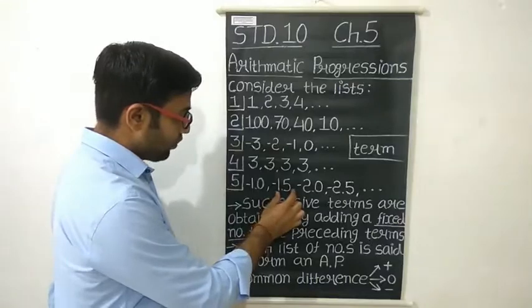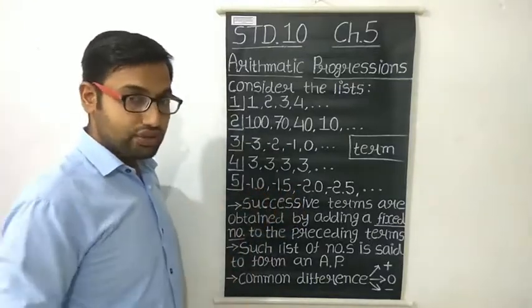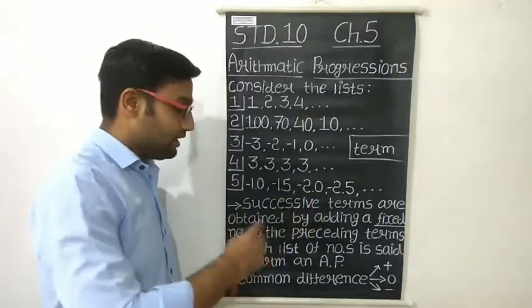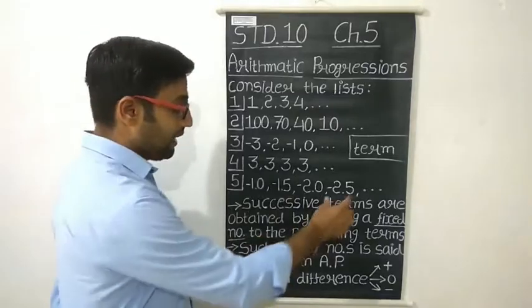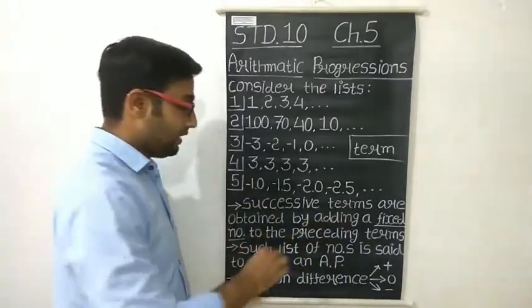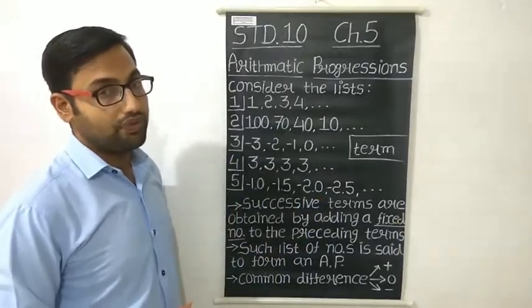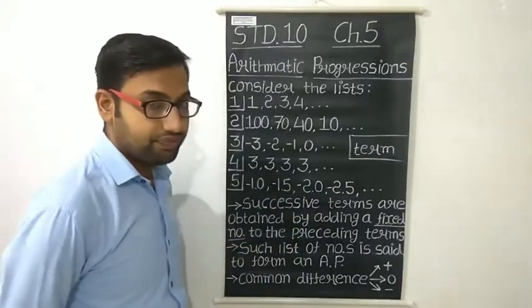Here, -1.5 minus -1.0 equals -0.5. -2.0 minus -1.5, again we get -0.5. -2.5 minus -2.0, again we get -0.5. So here also the difference is equal.